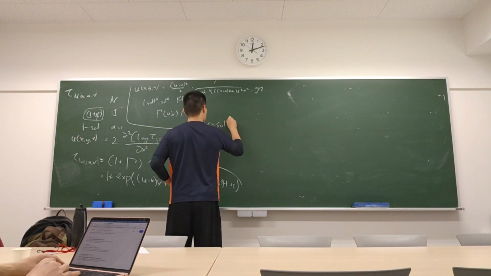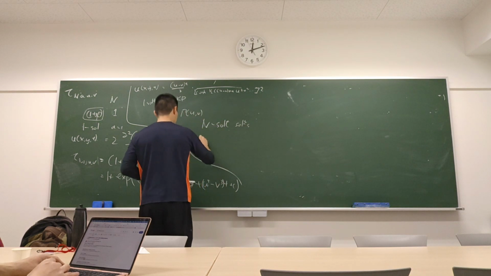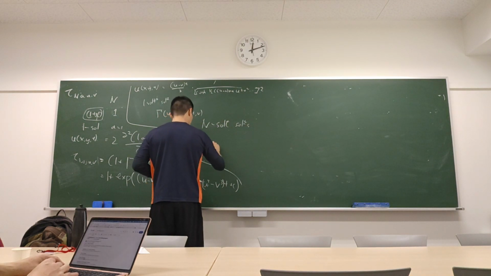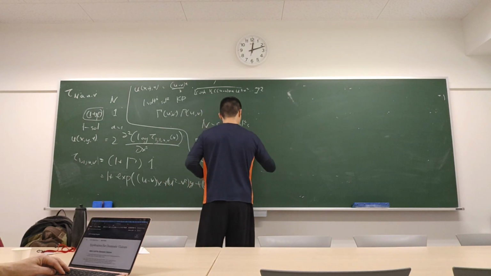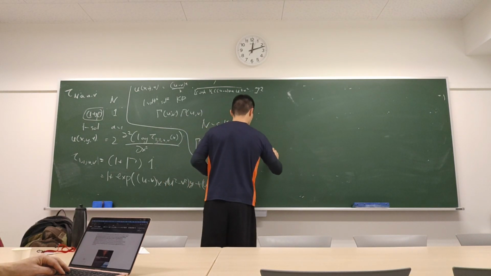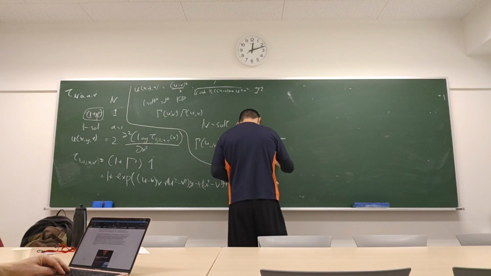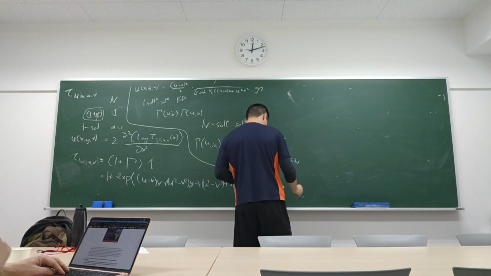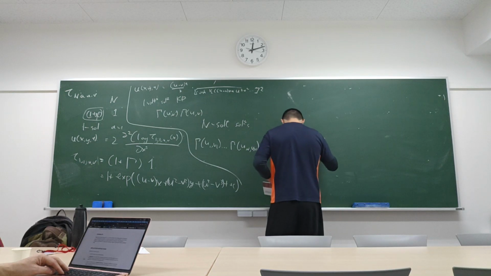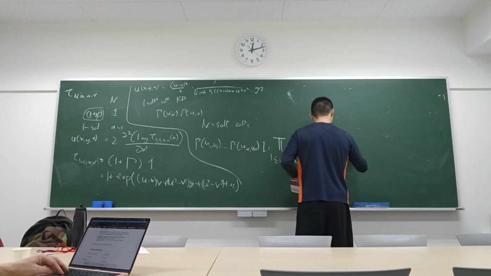So this involves hitting gamma u1 v1 all the way to gamma un vn on 1, which equals the product over i, j strictly larger than i, all the way to n, of (uj minus ui)(vj minus vi).